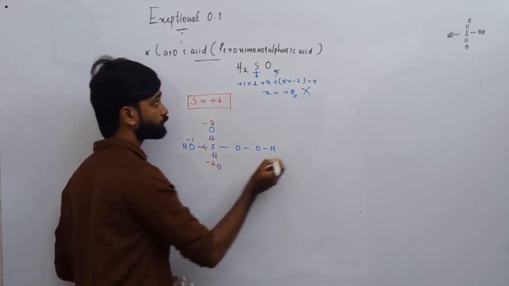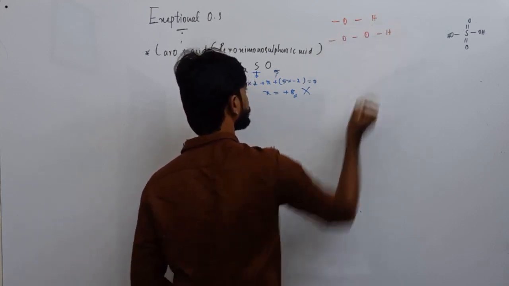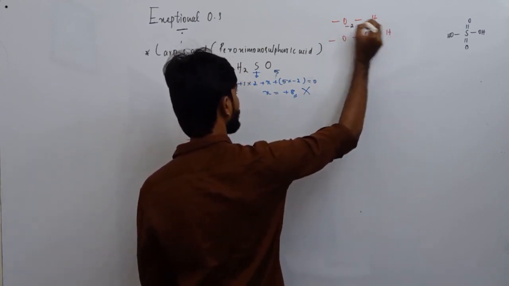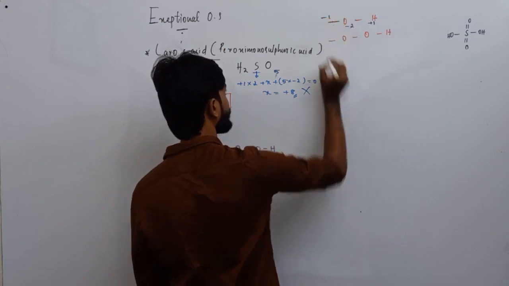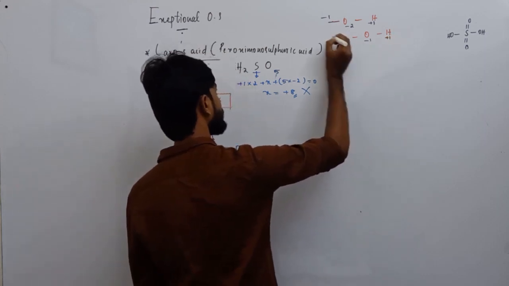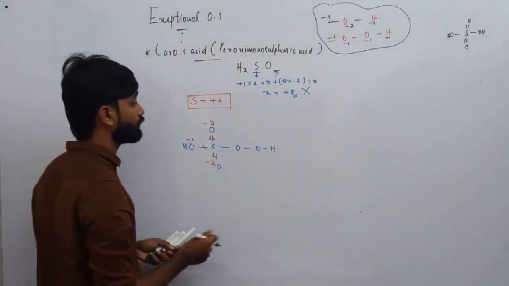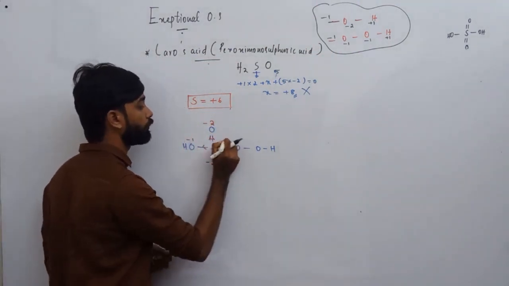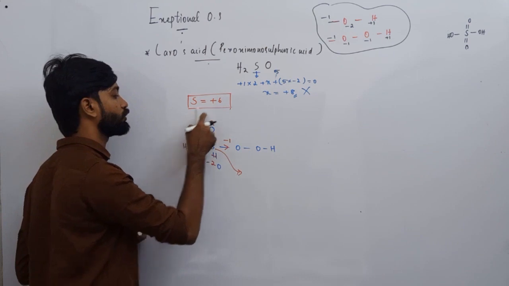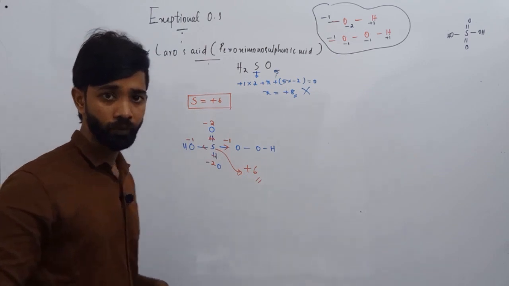I already told you that in the case of OH, oxygen offers -2 and hydrogen offers +1, so the net charge of this bond is -1. In the case of OOH, these two oxygens offer -1 and this hydrogen offers +1, so the net charge is the very same -1. So both have the same kind of charge, -1. So around sulfur, there is actually -1, -2, -2, -1. That means -6 charge is there. So sulfur should offer +6. Okay, ready.